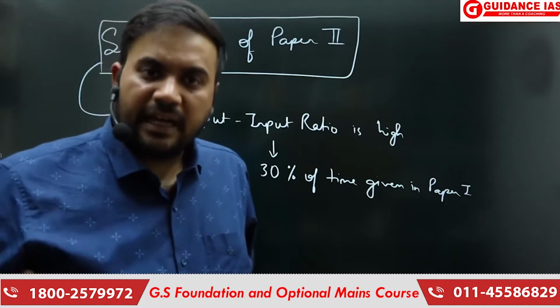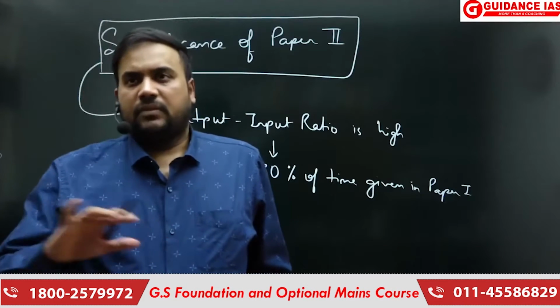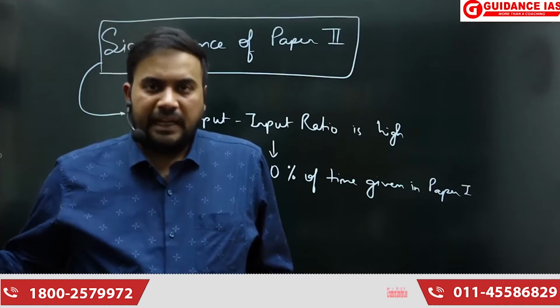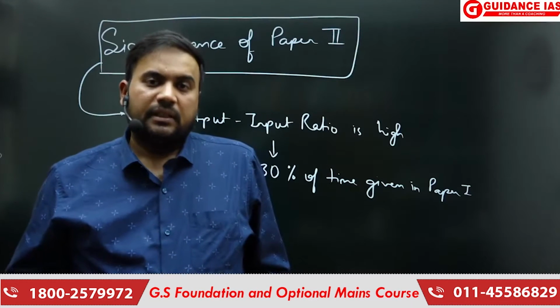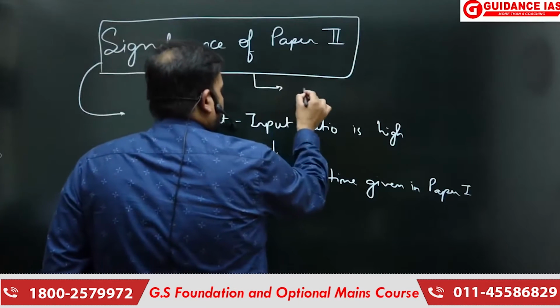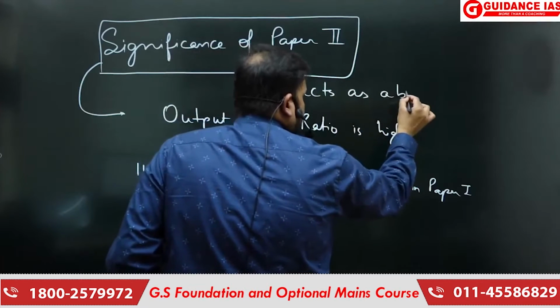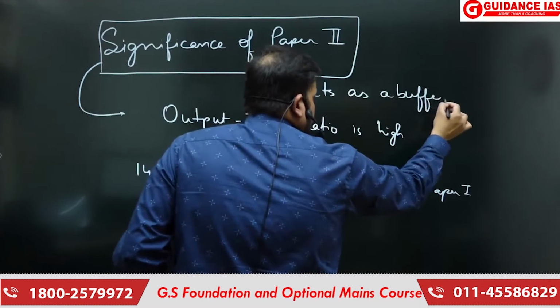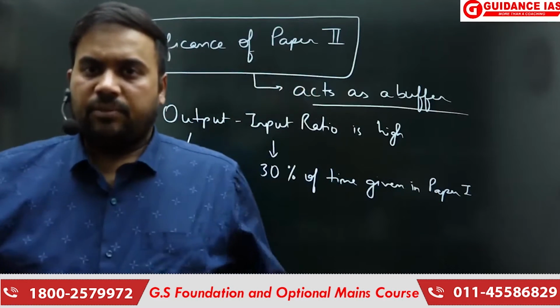So in such a scenario of geography, where we find that dynamism is too much and uncertainties particularly are too much, we can say definitely that paper 2 acts as a buffer. So what happens?